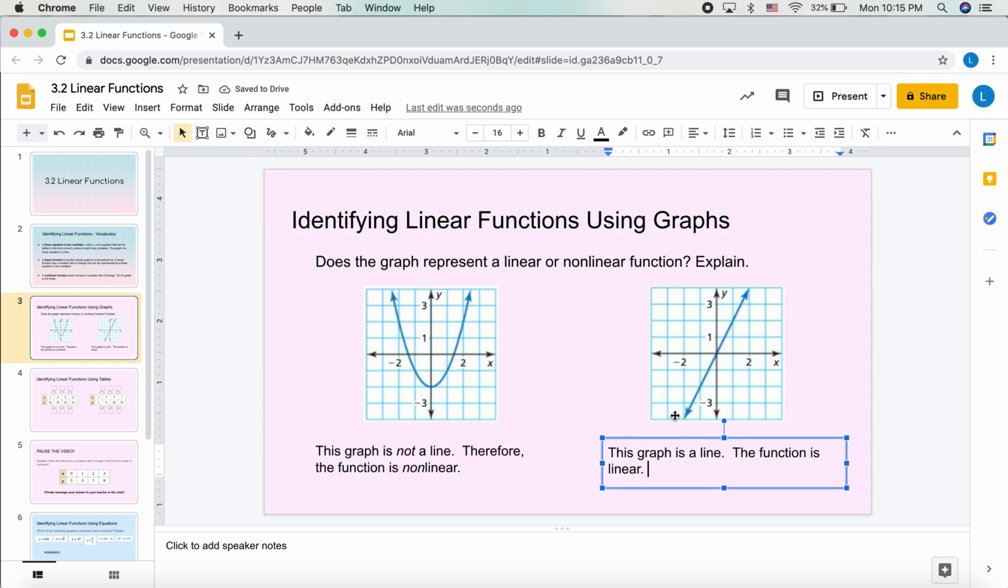So when the graph is indeed a line, that means the function being graphed is a linear function. The graphs are pretty straightforward, probably the easiest way to determine if a function is linear or nonlinear. But we will go ahead and get into looking at tables.